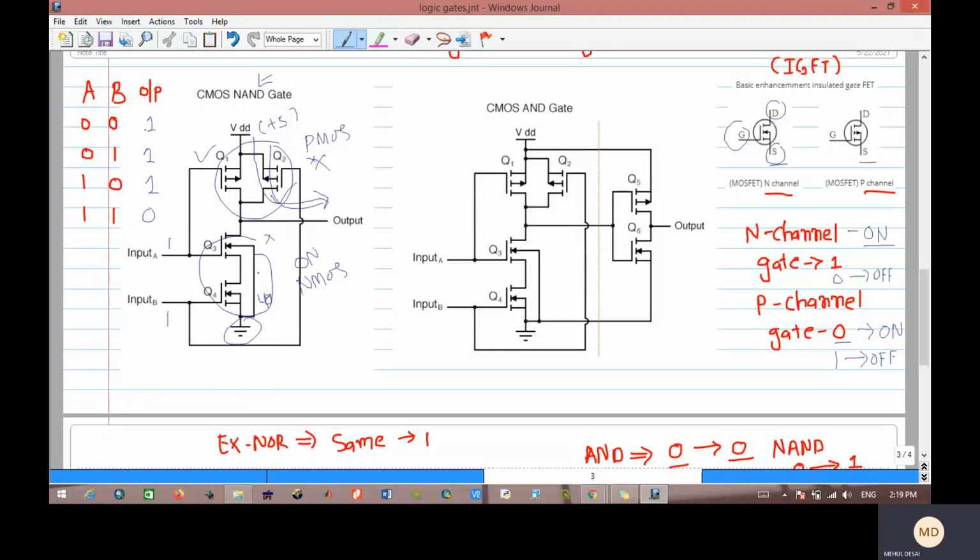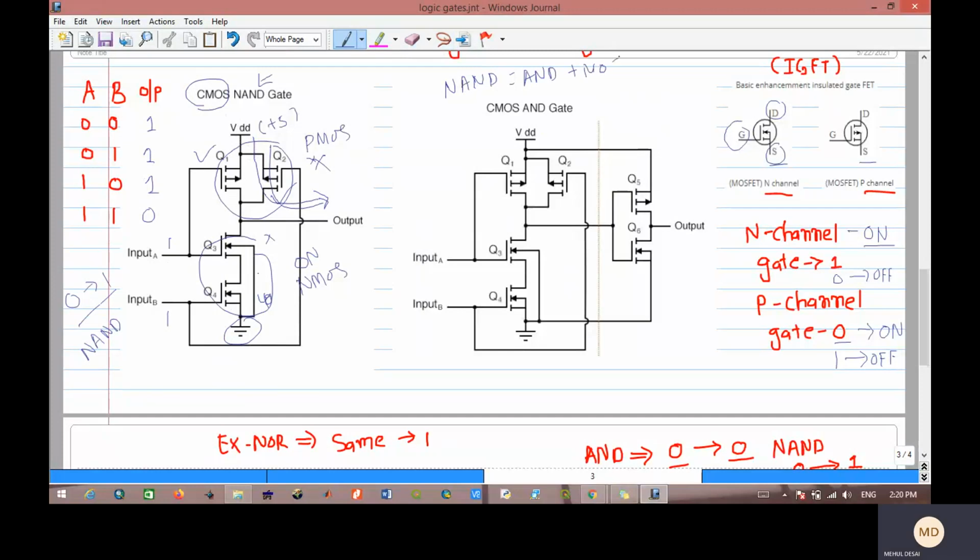So this is the complete Boolean expression: if any input is 0, we get 1. This is the NAND gate, the circuit of the NAND gate developed with CMOS transistors. Now similarly, if we want to make an AND gate from the NAND gate, then we have to remember that NAND gate is nothing but AND plus NOT.